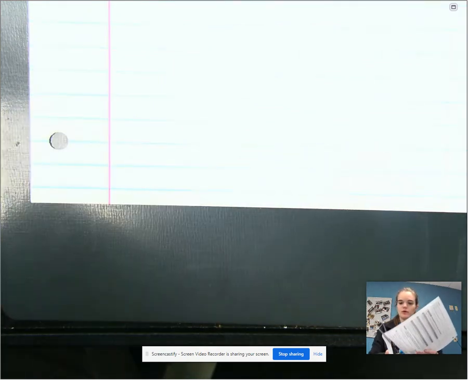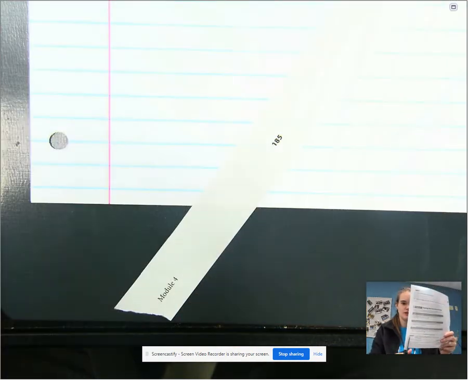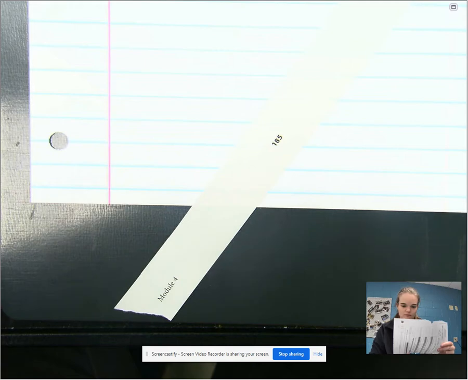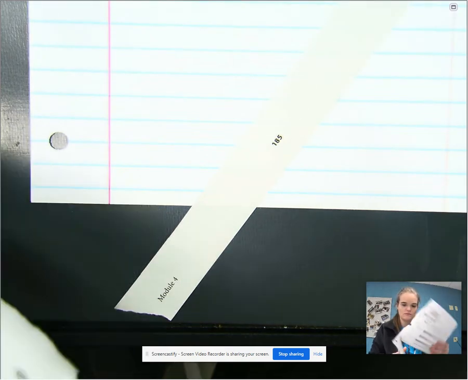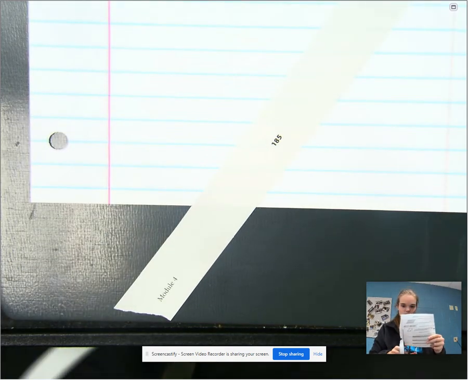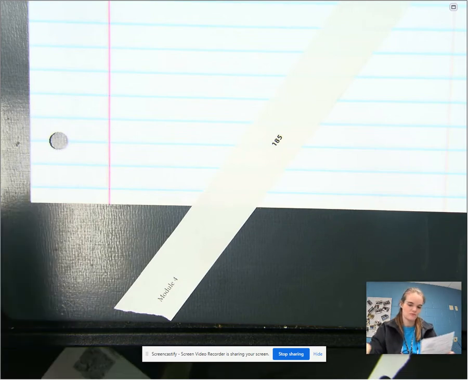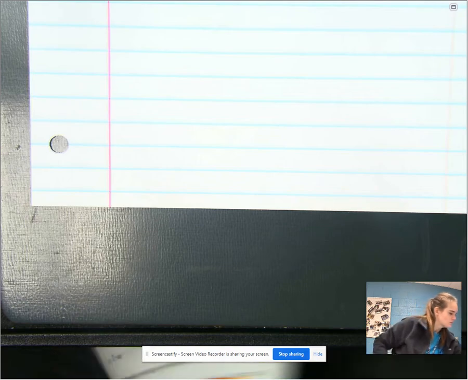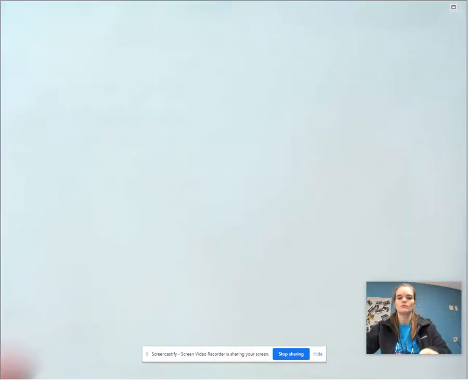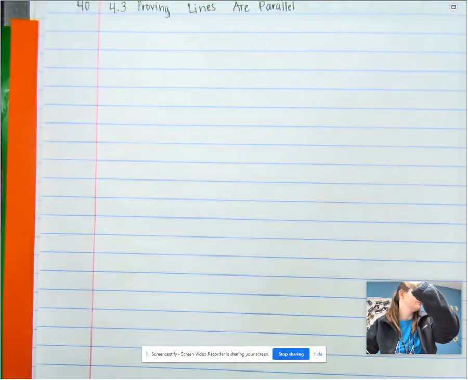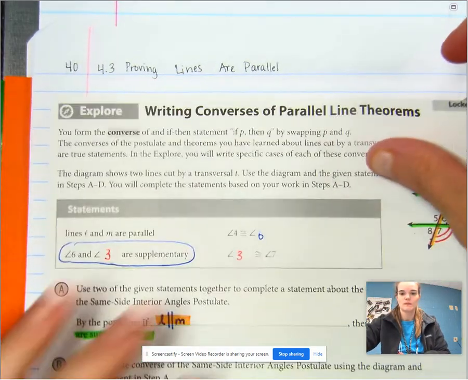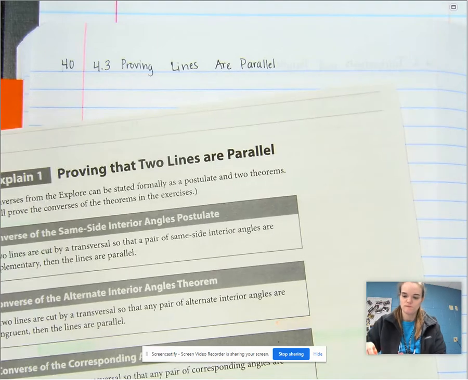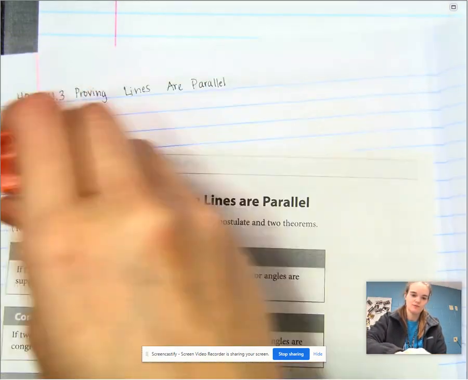So from the word explore to letter D goes on page 40. And then we're going to do the foldable.